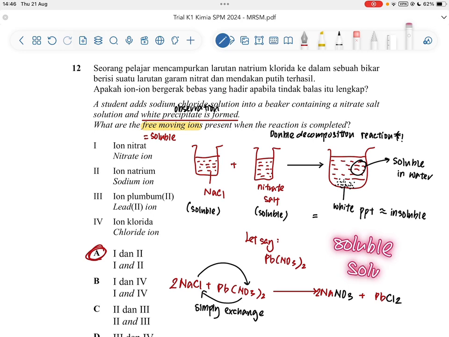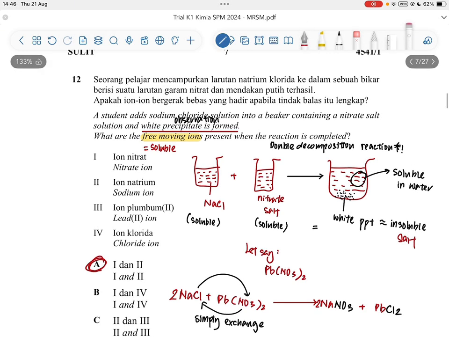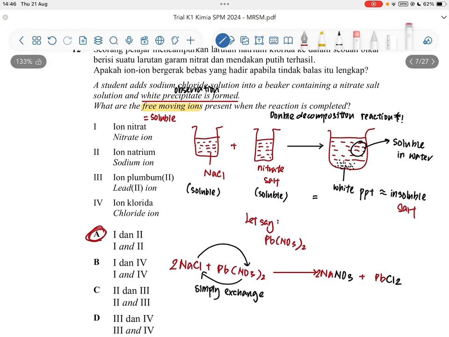If we use a diagram to illustrate, the product is like this, a beaker, and you will observe the white precipitate according to the question. This white precipitate is insoluble, so it is the insoluble salt. Meanwhile, the aqueous solution that is soluble, I draw as the dotted line. This is soluble in water. So we are going to find the respective soluble salt, which is the free moving ions.